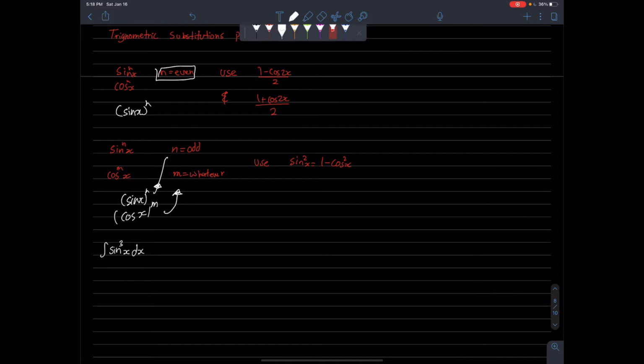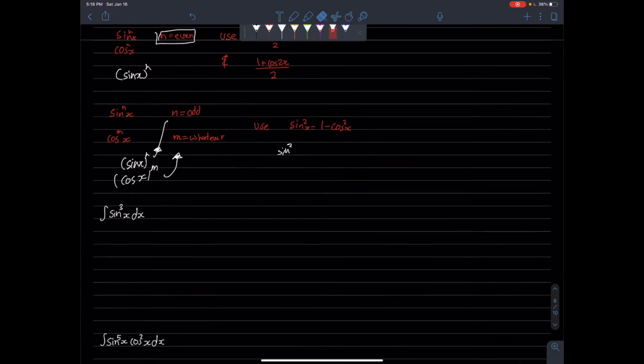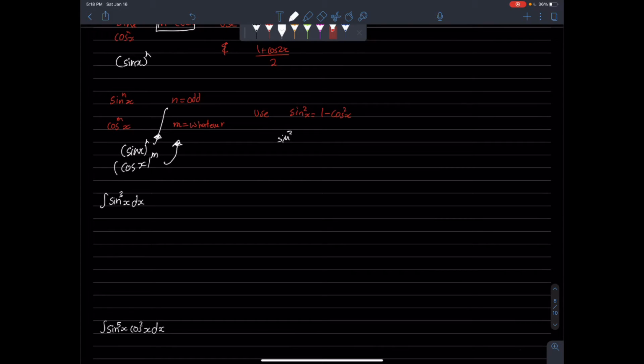If you have that situation, you just break the sine into sine squared, and you use the substitution 1 minus cos squared x. So let's look at some examples of these identities in practice.